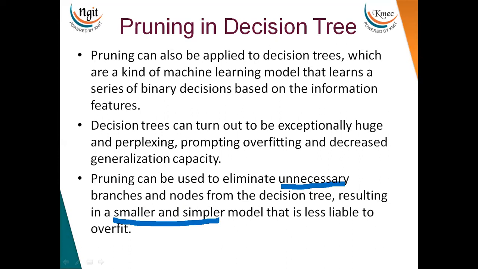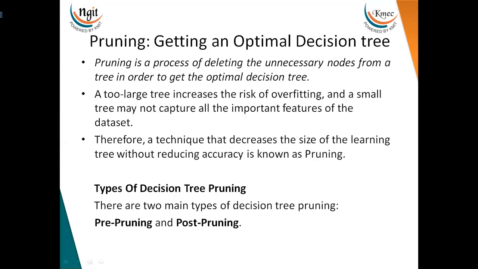That is, it does not make your model ungeneralized. So pruning is trying to get the optimal decision tree. It means if you have too large a tree, there is a risk of overfitting. There may be some nodes in your decision tree which are never visited. Then there is no use of keeping them in your decision tree. Simply remove them.